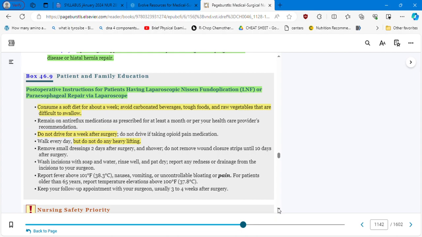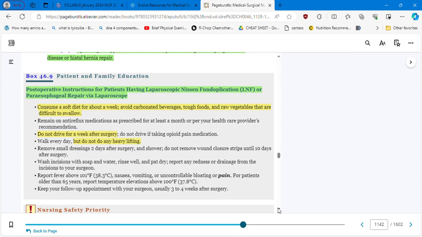Patient and family education, postoperative instruction for patients having laparoscopic Nissen fundoplication or paraesophageal repair via laparoscope. Paraesophageal means that the hernia is type 2 to 4. Okay, sorry.